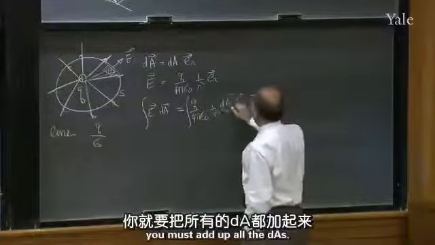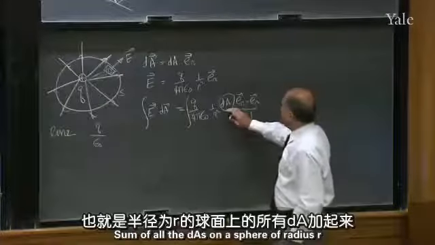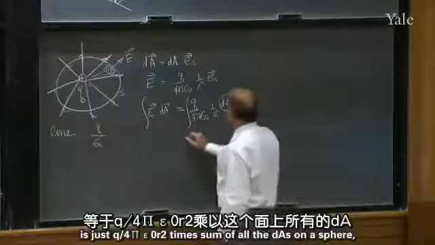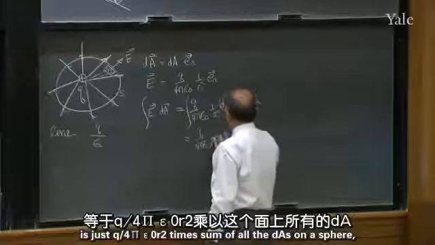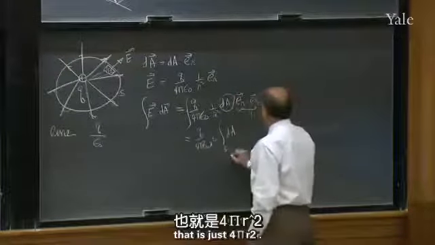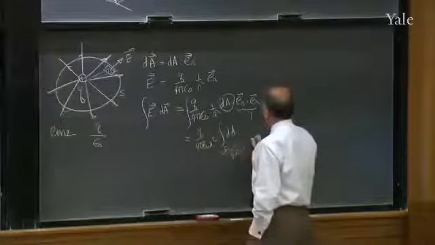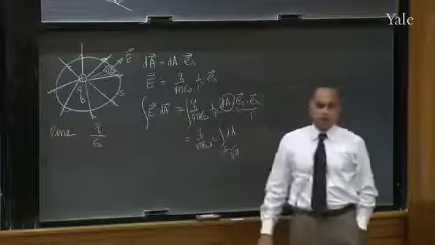If you add up all the lines, you must add up all the dAs. The sum of all the dAs on a sphere of radius R is just 4 pi R square, so you get Q over 4 pi epsilon 0 R square times 4 pi R square, which is Q over epsilon 0.